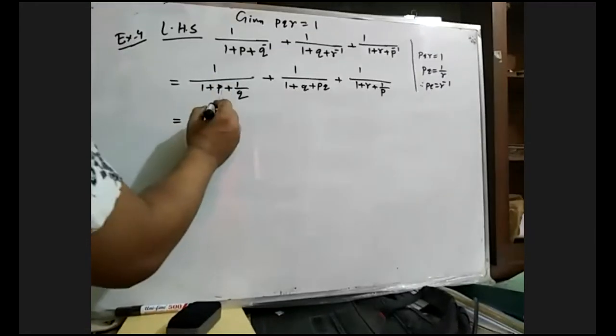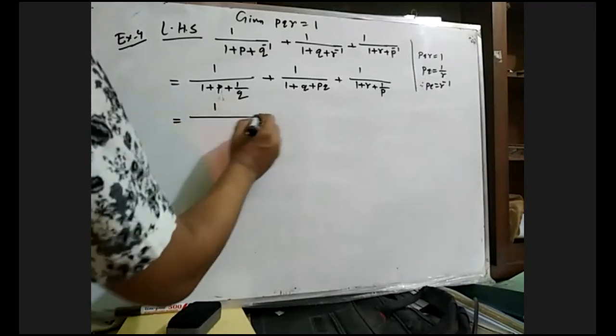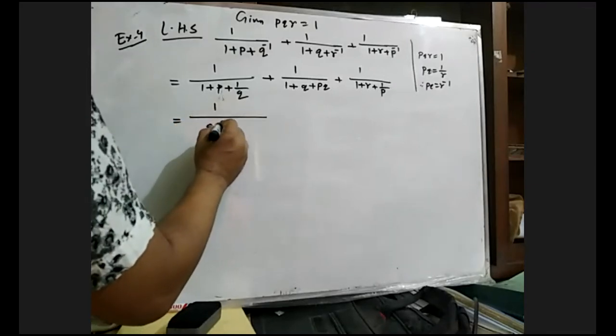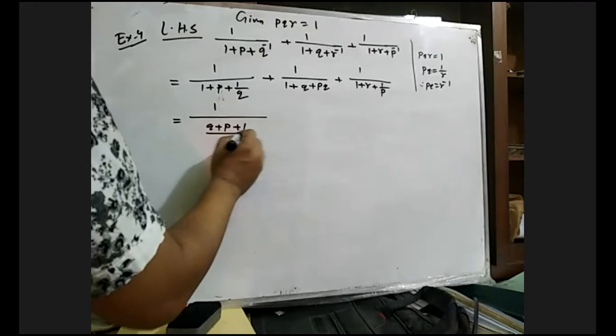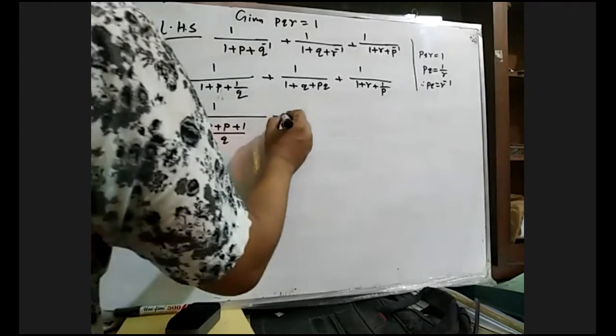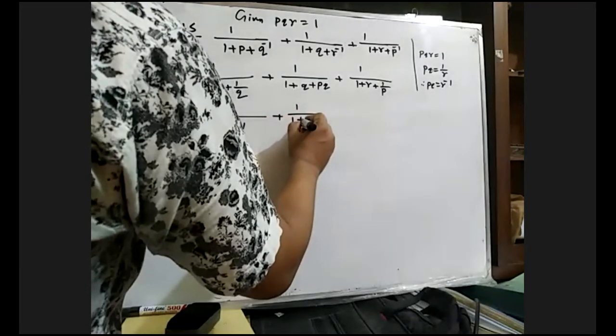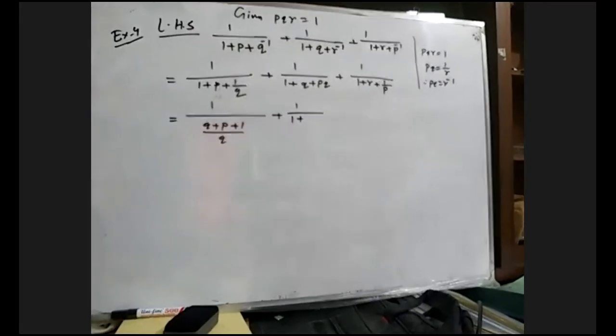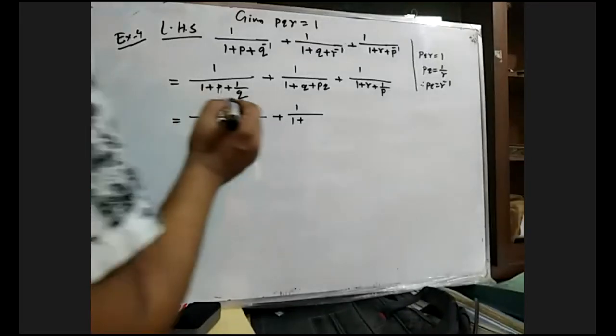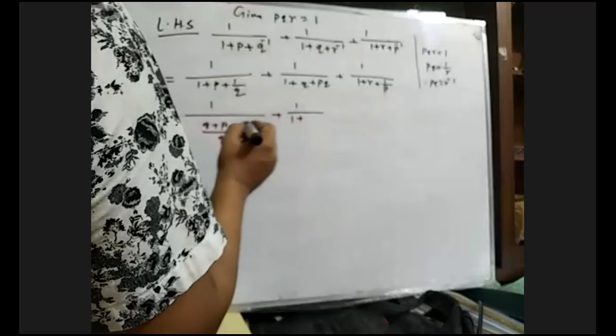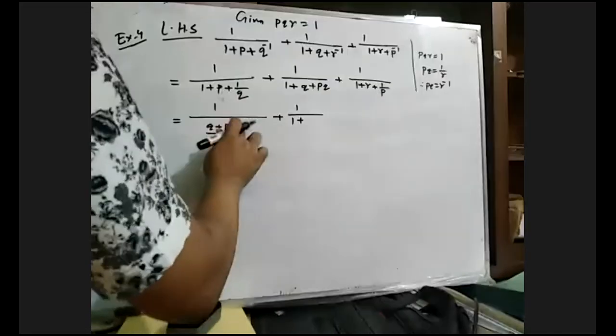So just taking LCM, q plus p plus 1 divided by q. 1 plus this will be PQ.